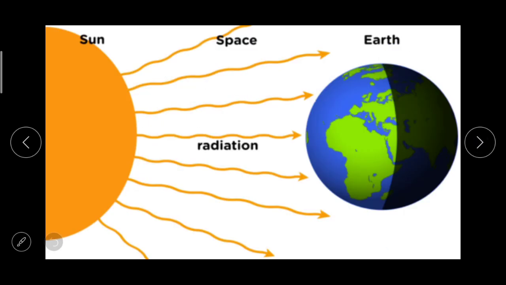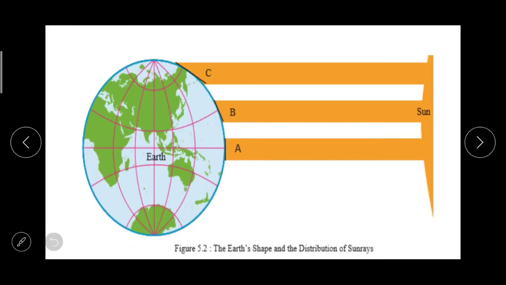But by this, one thing which we understand is very important, that sun rays coming towards the earth travel in straight lines. Sun rays coming towards the earth travel in straight lines. Here you can see. And we know the earth is spherical in shape.